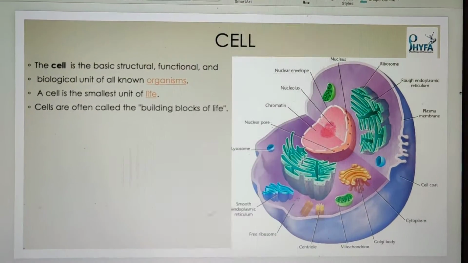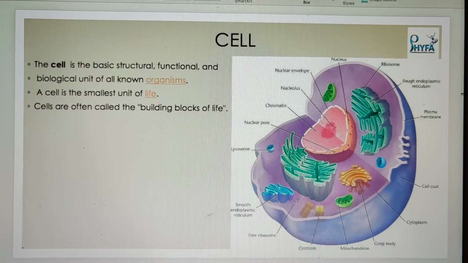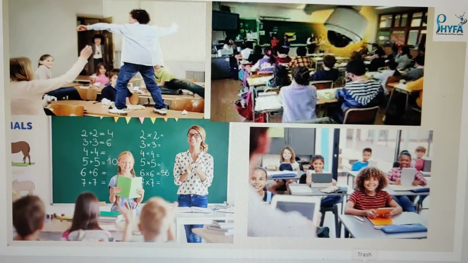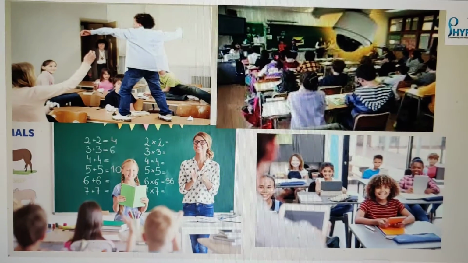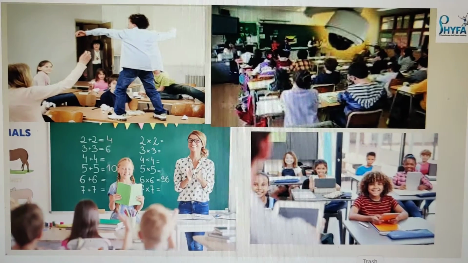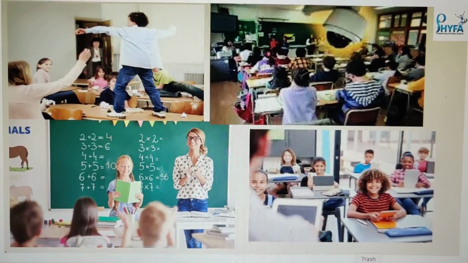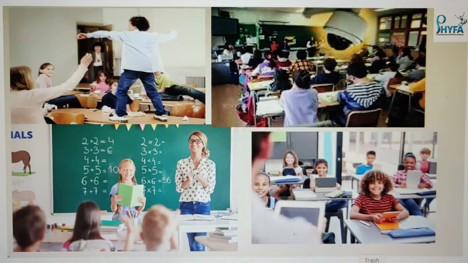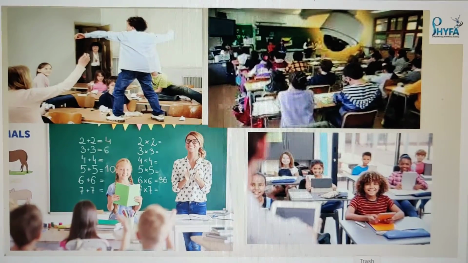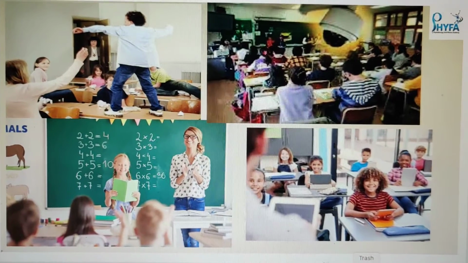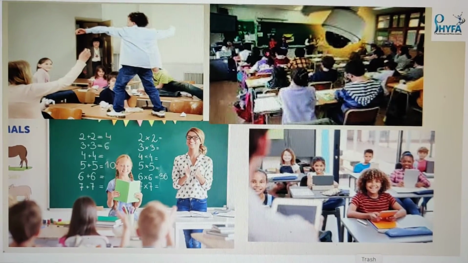to function physiologically normal or physiologically work properly. Now let's take an example of a classroom where we have a few students who disturb or disrupt the class environment. But we have cameras nowadays in the classrooms to detect these kind of students who disturb the class.